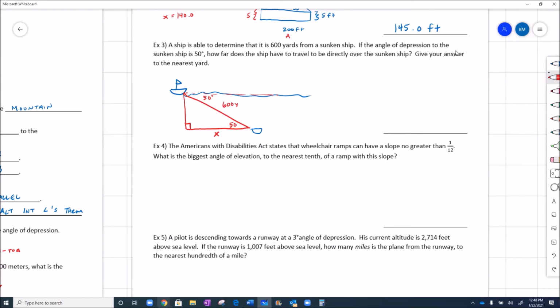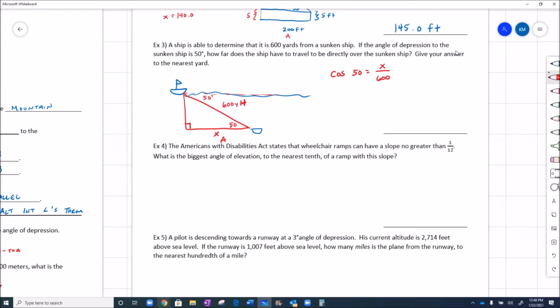As I go over, this is the adjacent side from the 50 degrees I know. This is the hypotenuse of the 50 degrees I know. And so adjacent and hypotenuse tells me I'm using cosine. So cosine 50 equals adjacent x over hypotenuse 600.